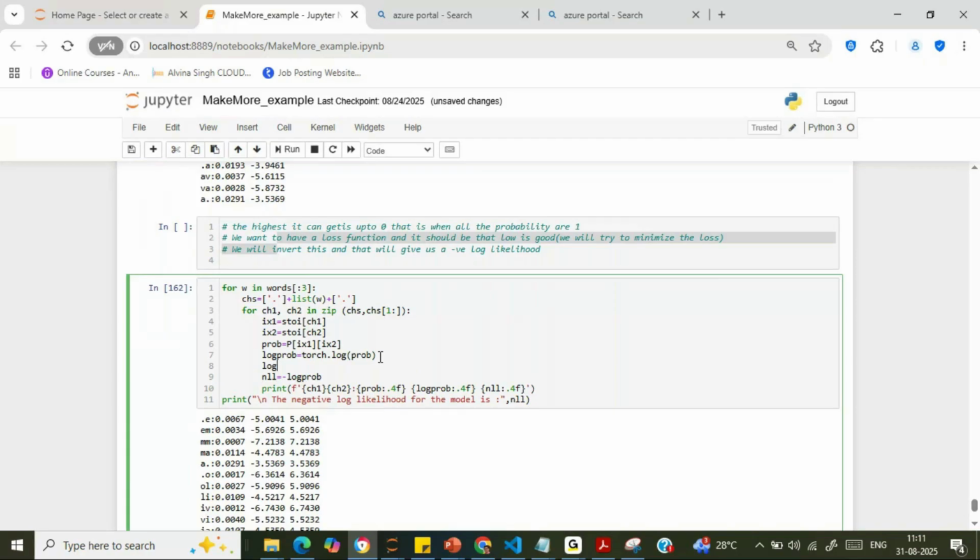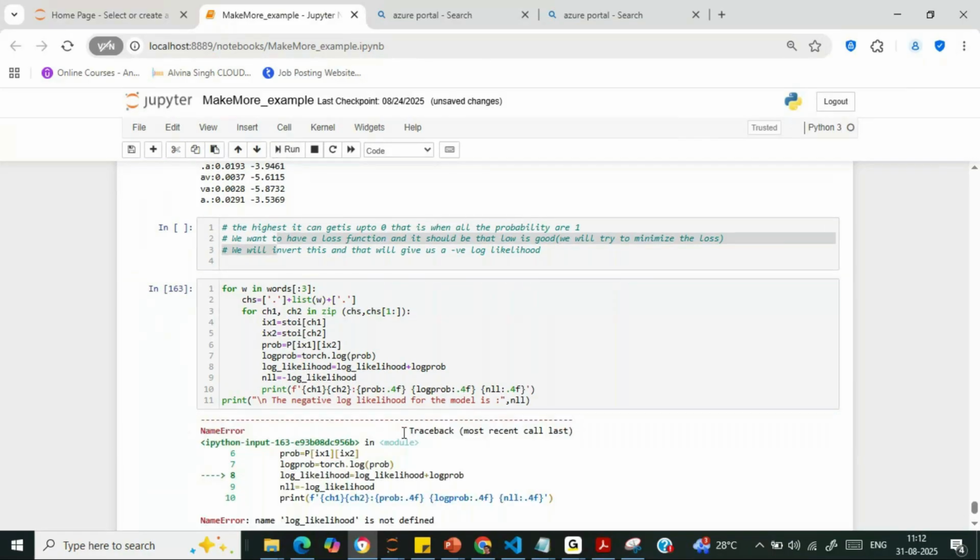Log likelihood equal to log likelihood plus log probability, and log probability is negative log likelihood. Hmm. I think it will be fine at this moment. What has happened? Log likelihood, we need to define it. Say it is 0.